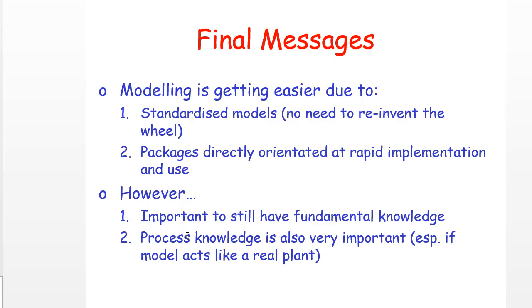And the packages available are quite easy to implement and use. But still, you should really know what you're doing. Otherwise, you can get all kinds of nonsense. So therefore, you really need to study well to know the fundamentals of what these reactions are and what's going on. And if you have this process knowledge, then you can also use the model in a very efficient way.